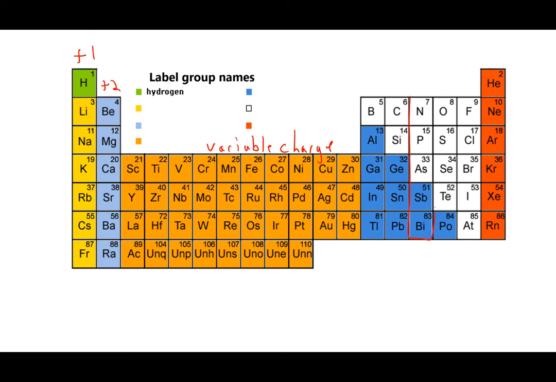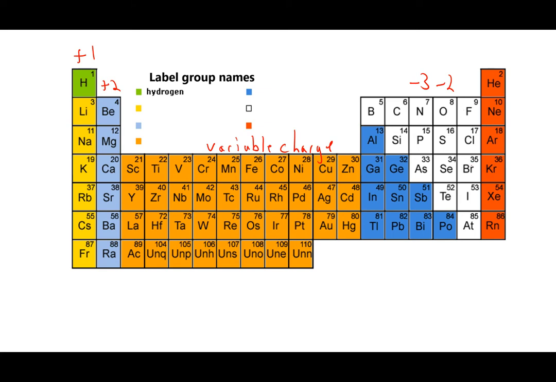Here, this group right here tends to form a charge of -3. They tend to gain 1, 2, 3 electrons in order to form a full outer shell to get them to the end of their row. Oxygen, sulfur, selenium, tellurium, and polonium, this group tends to form a charge of -2.